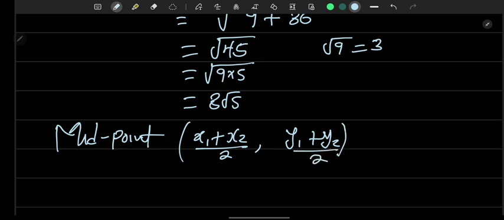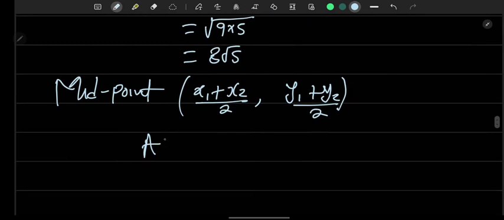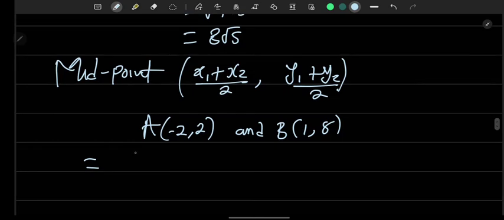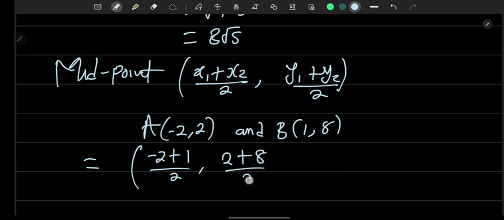And we are still using the points A and B, where A is (-2, 2), and B is (1, 8). So the midpoint will be x1 is -2, x2 is 1, over 2, y1 here is 2, and y2 is 8, over 2.